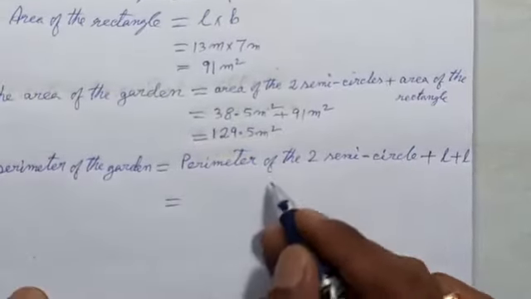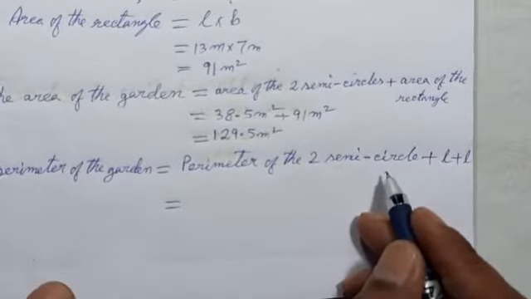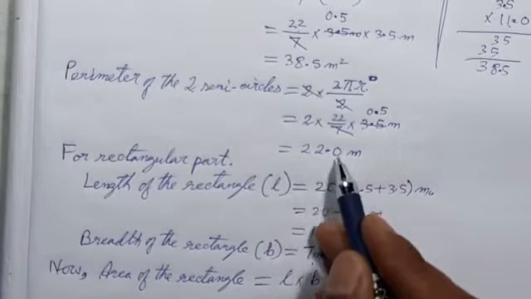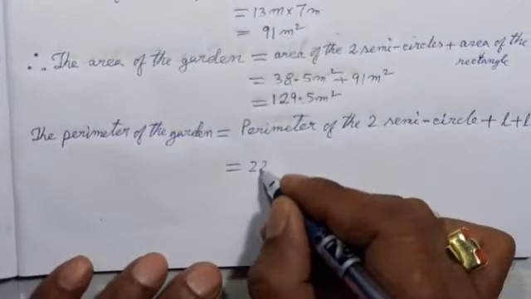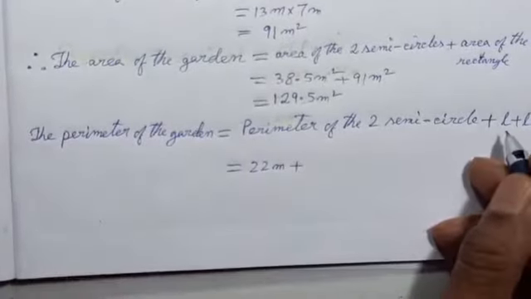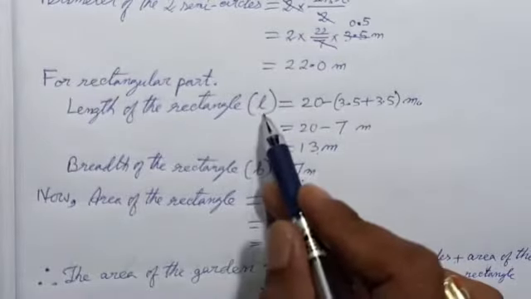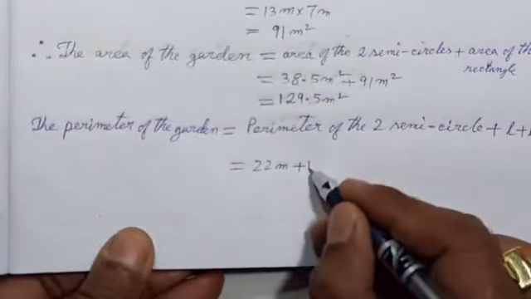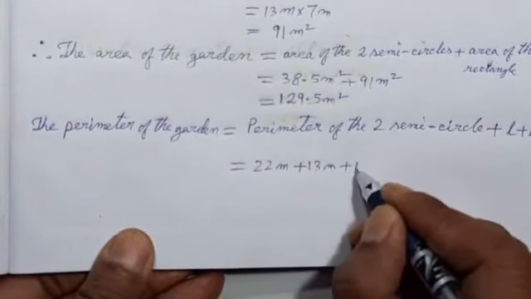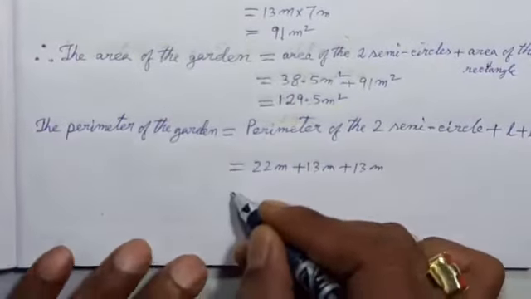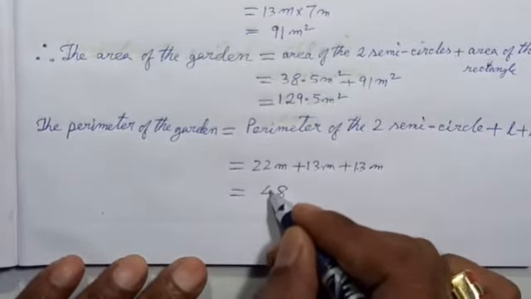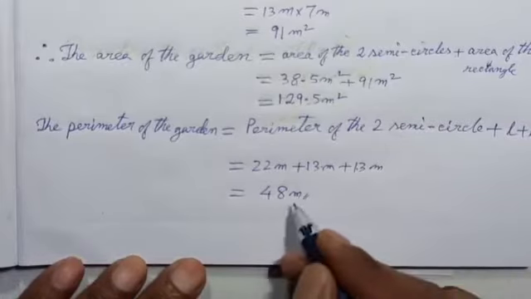Perimeter of the two semicircles is 22 meter. Plus the length of the rectangle, 13 meter plus 13 meter. Let's add together. We get 48 meter, and this is the perimeter of the garden.